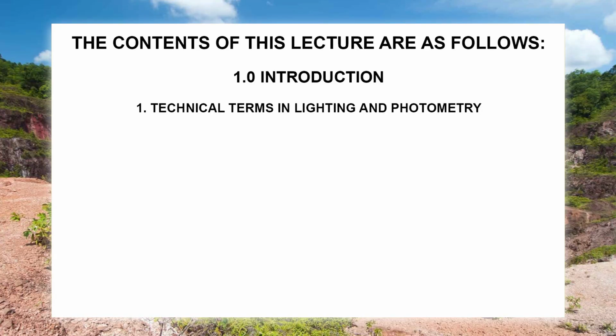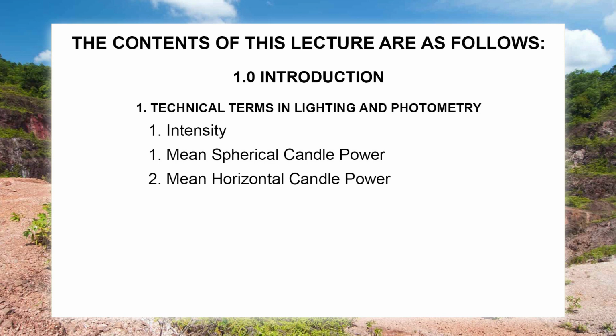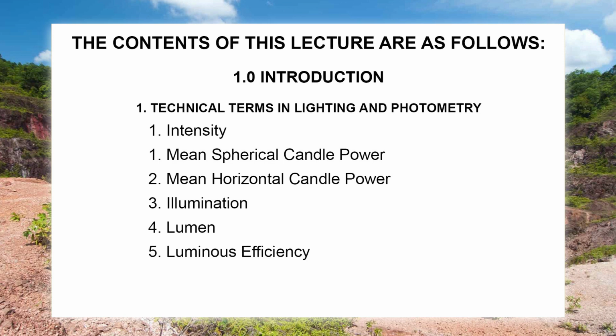In this chapter, the content is: first, introduction; second, technical terms in lighting and photometry. In lighting and photometry: first is intensity, second is mean spherical candle power, third is mean horizontal candle power, fourth is illumination, fifth is lumen, sixth is luminous efficiency, seventh is reflection.